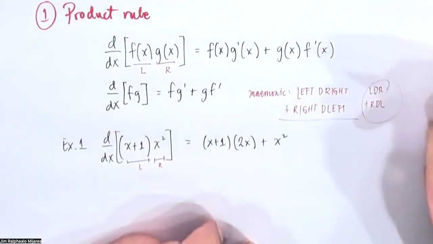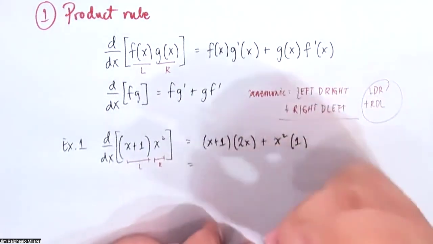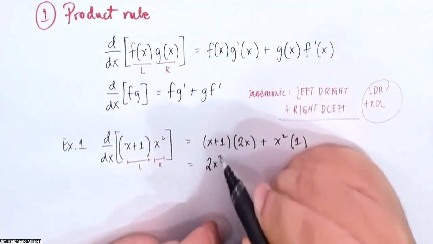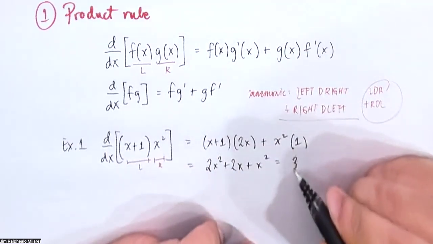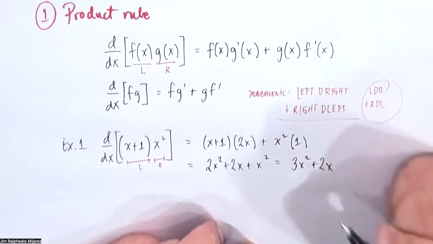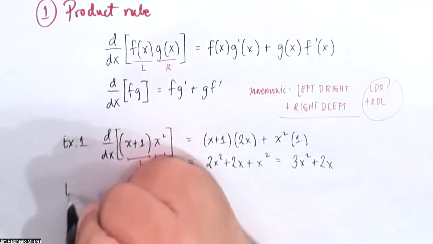So x squared times 1. If you simplify, this is equal to 2x squared plus 2x plus x squared, which is equal to 3x squared plus 2x. So in essence, that's the product rule. Left d right plus right d left.